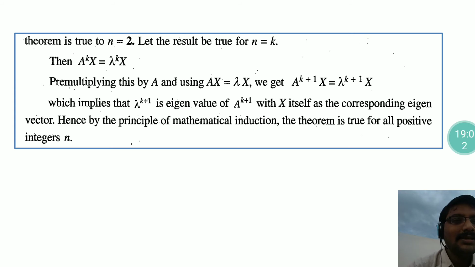But what is Ax? Lambda x. So replacing Ax by lambda x, we will have lambda into lambda power k is lambda power k plus 1. So we have A power k plus 1 into x is equal to lambda power k plus 1 into x, which implies that lambda power k plus 1 is the eigenvalue of A power k plus 1, with x itself as the corresponding eigenvector.